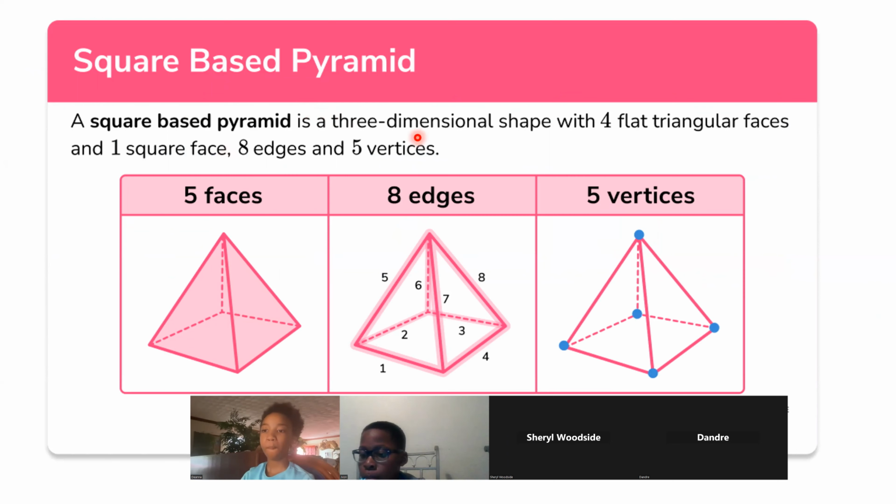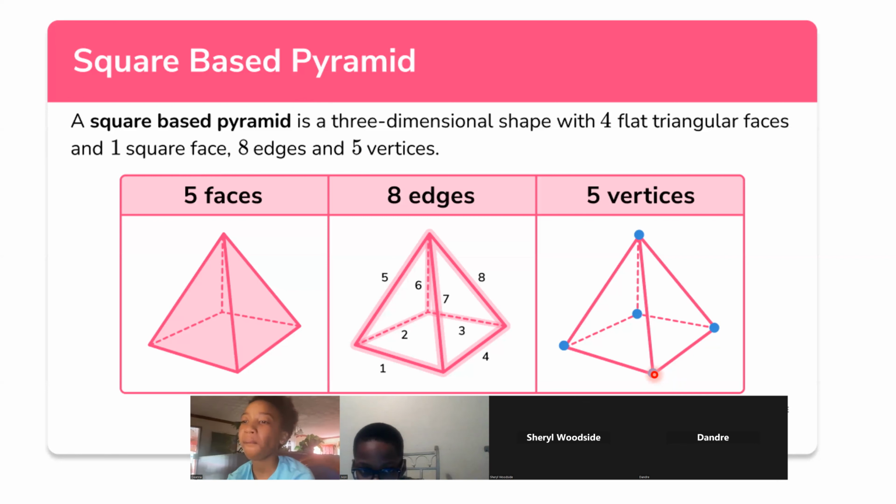A square-based pyramid is a 3-dimensional shape with 4 flat triangular faces, 1 square face, 8 edges, and 5 vertices. So remember, it has 8 edges and 5 vertices.